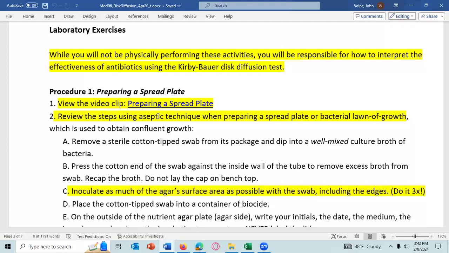Then you take your plate and your cotton swab, and this is a sterile agar plate with nothing on it. And then you swab everywhere on the plate.